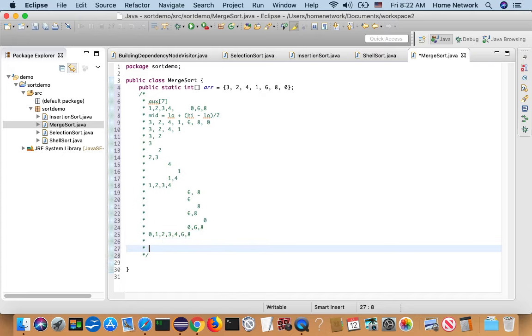Now let's analyze how many comparisons and how many array accesses we need to accomplish this sorting. In order to merge those two subarrays, in the basic scenario, we need to do 1/2 n comparisons, right?